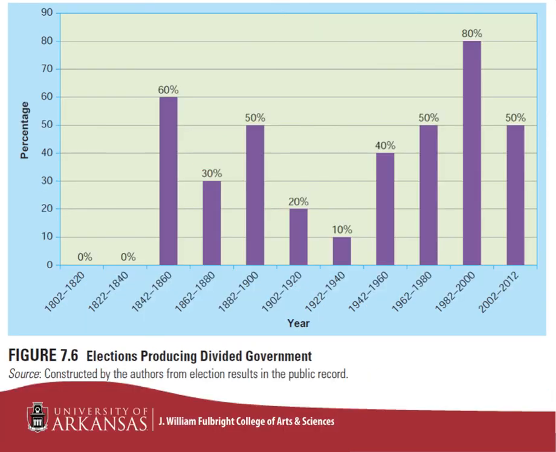And we see likewise these patterns in which divided government at the federal level increased from 1982 to 2000, but generally speaking, we've seen a pattern where about 50% of the time we do have divided government.